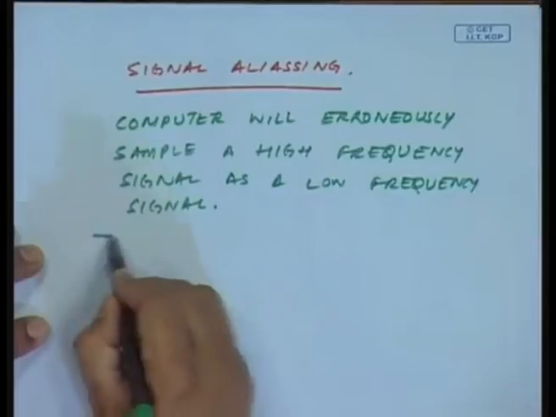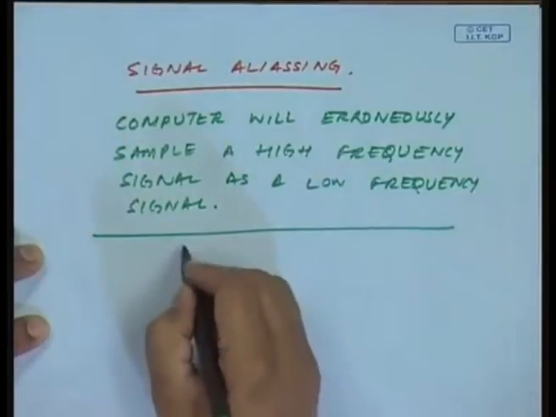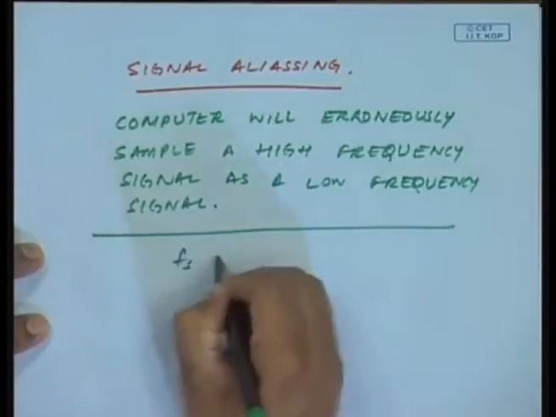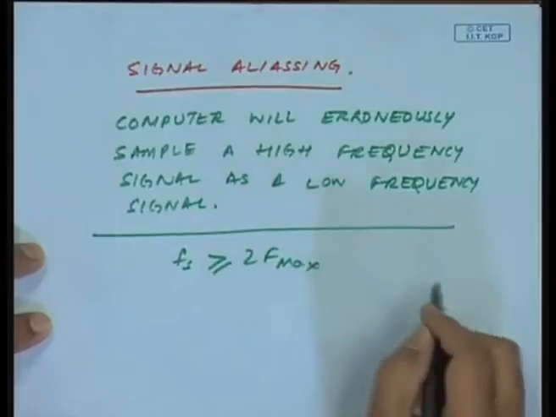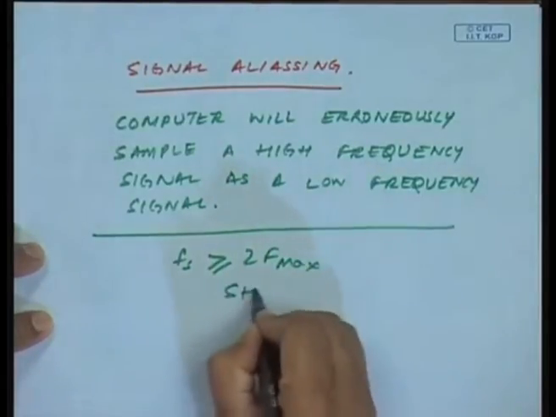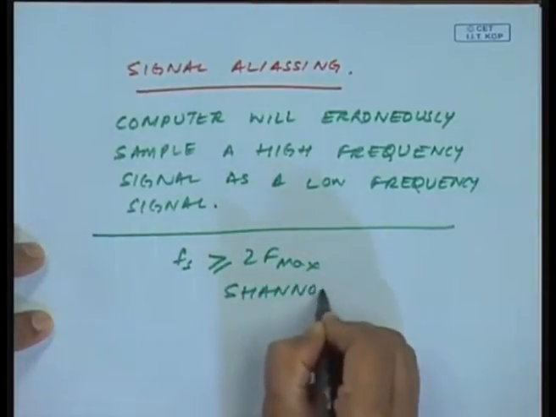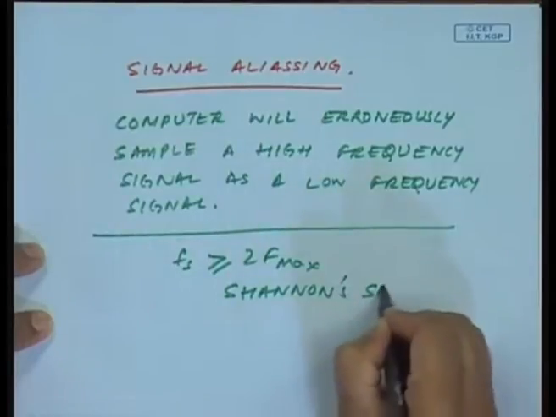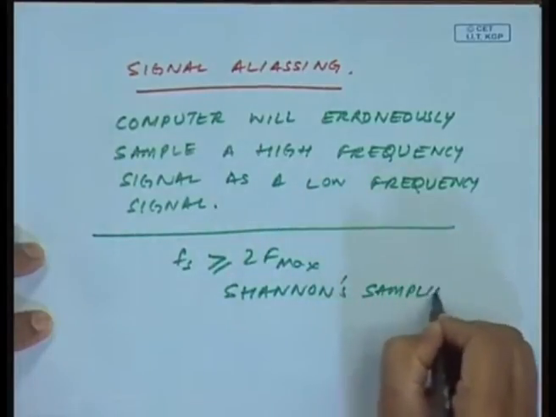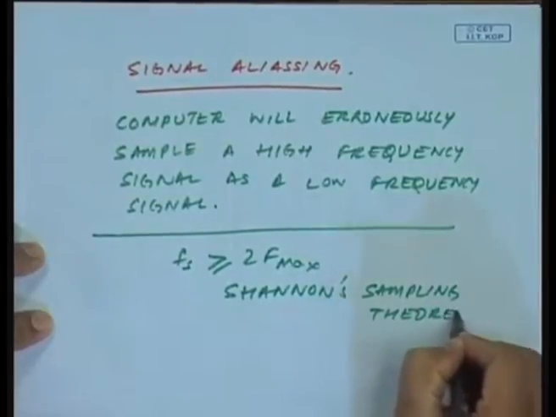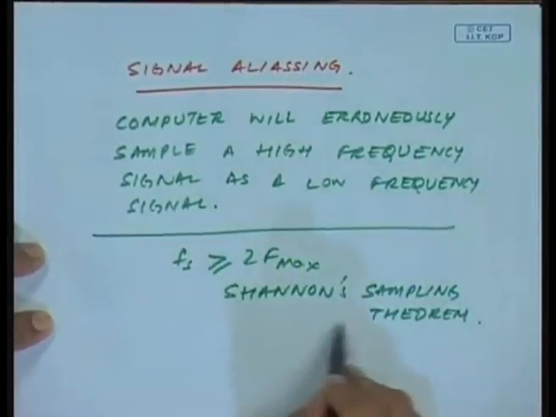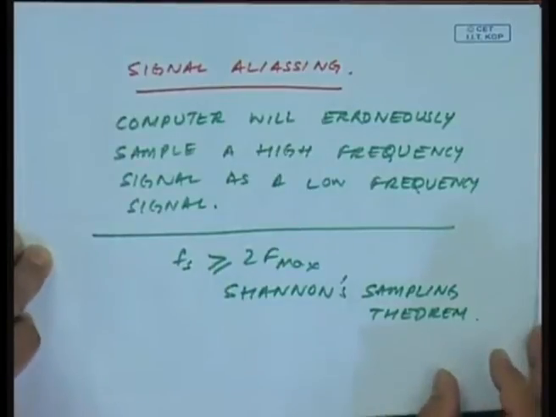So, to ensure that the sampling theorem is obeyed, we have to do certain things.